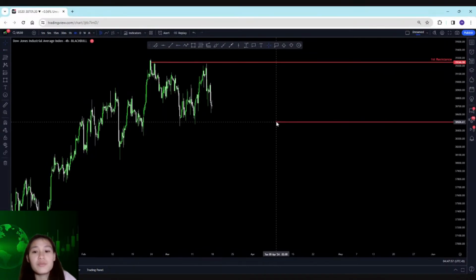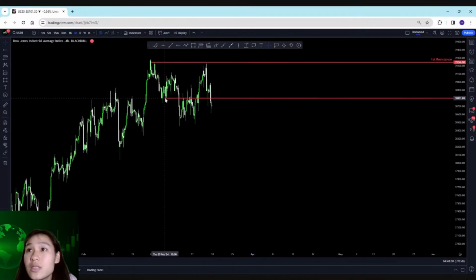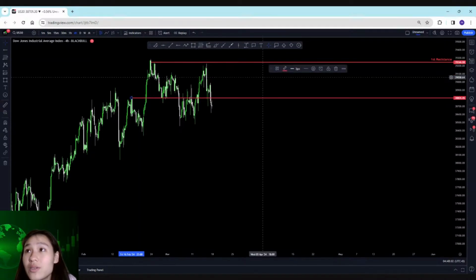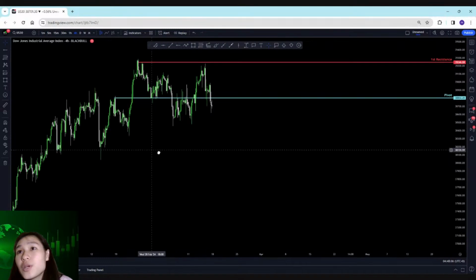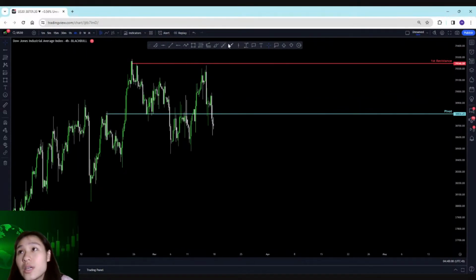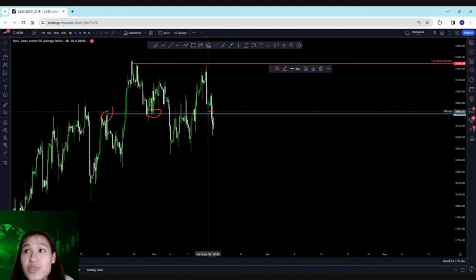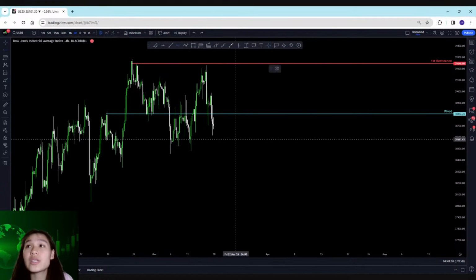For our pivot, I'm just gonna place it at this overlap level, because again, we have swing lows and swing highs here, and price has recently surpassed this level. So I'm making that my pivot.